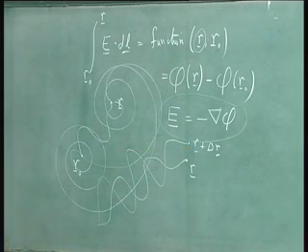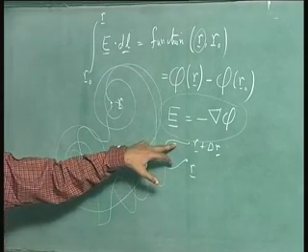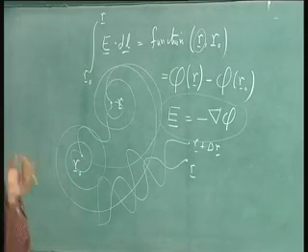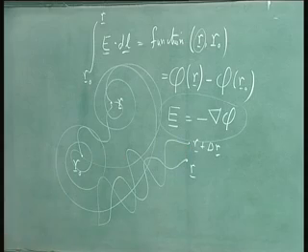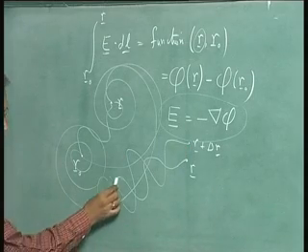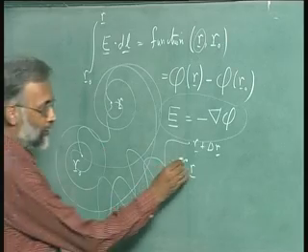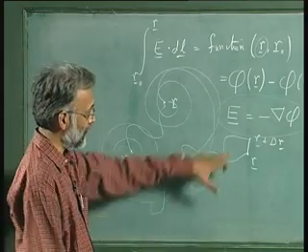Now, it could be any path at all, but as we discussed last time, I will choose a specific path. To get to this point r plus delta r, I will follow the same path up to r and then go in a straight line from r to r plus delta r.